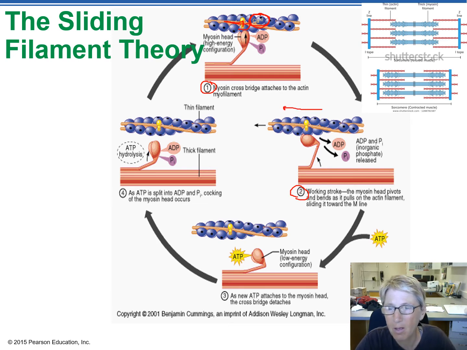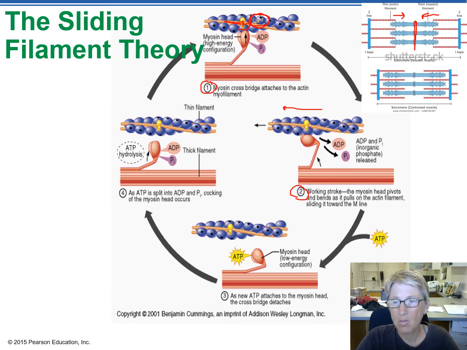I've used this Shutterstock cartoon up here. As the myosin heads bind to the myosin binding sites on actin, pivot and move, that's going to bring these actin filaments closer to the M line. So here's the H zone and the M line, and the same thing with the actin filaments on this side.